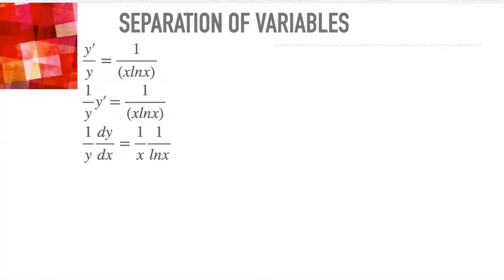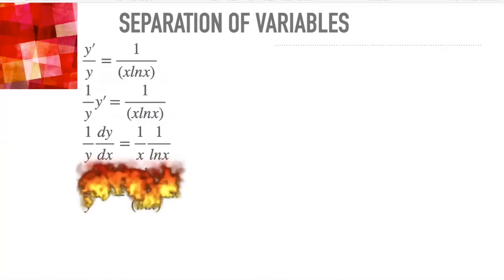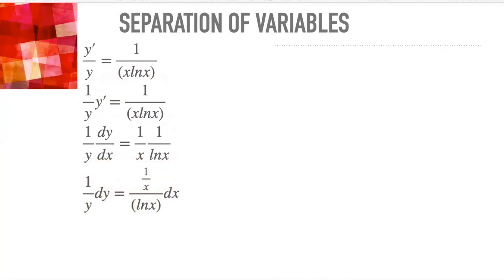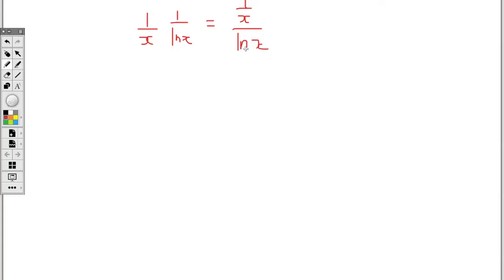Now 1 over x times 1 over ln x, we can rewrite it as 1 over x over ln x. So let me explain what's happening. We have 1 over x times 1 over ln x is the same as 1 over x over ln x. Now we can use numbers: a half times a third, which is the same as 1 over 6.